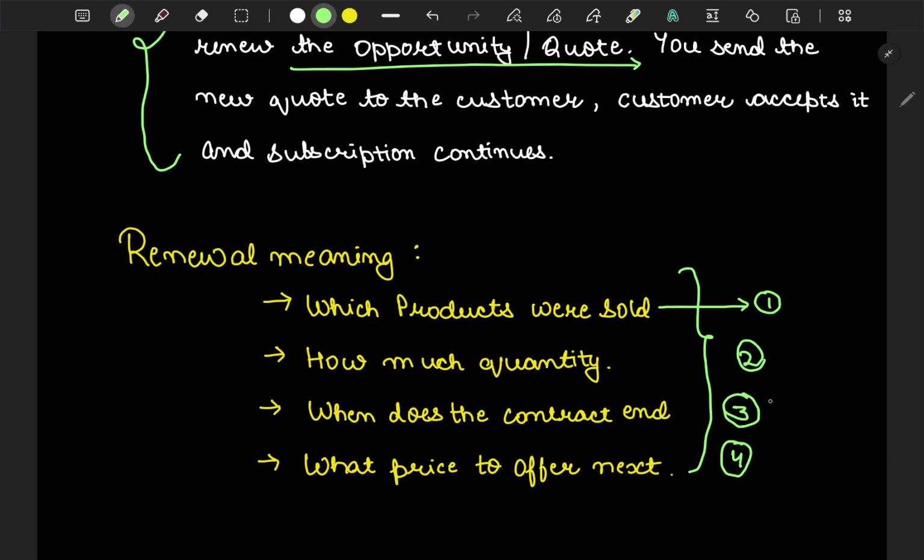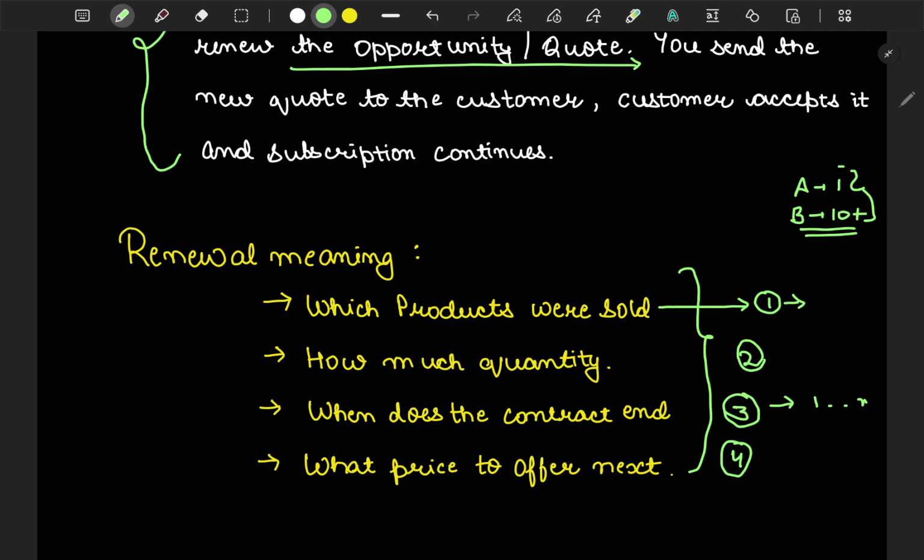A business would not have only one customer, there could be n number of customers, and for those customers the start dates and end dates would be different. If customer A bought a product today, and customer B bought after 10 days, their start and end dates would be different, right?